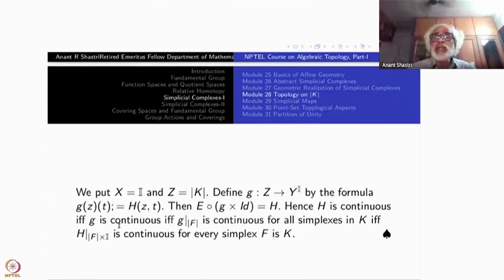Now G is continuous, from the first part applied to Y power I, if and only if G restricted to each mod F is continuous for every mod F inside K. Going back to the exponential correspondence, G restricted to F is continuous if and only if E composite G cross I restricted to it is, which is the same thing as H restricted to mod F cross I being continuous.